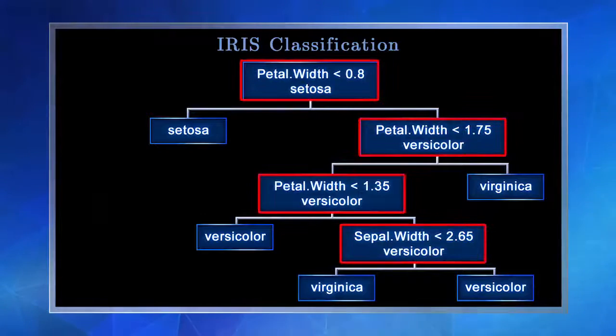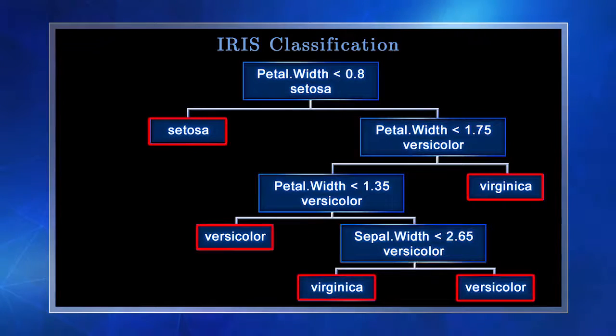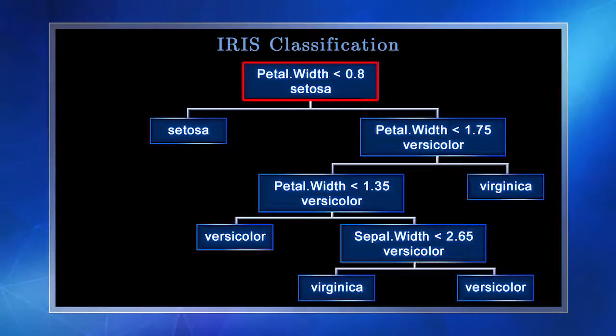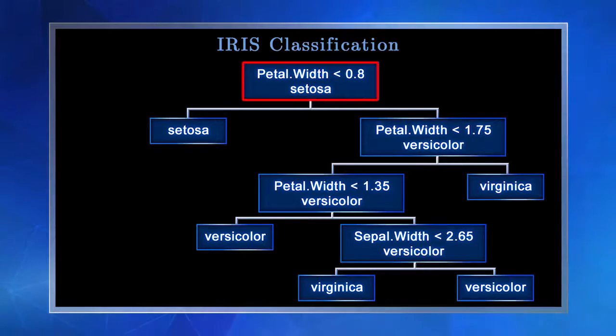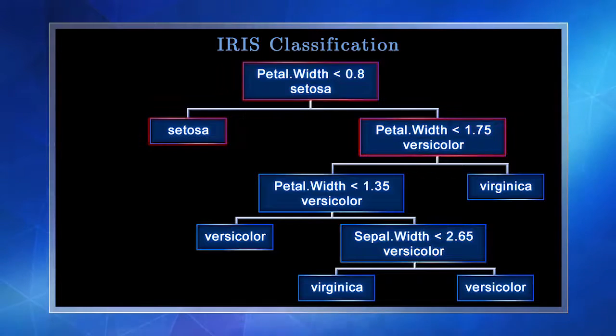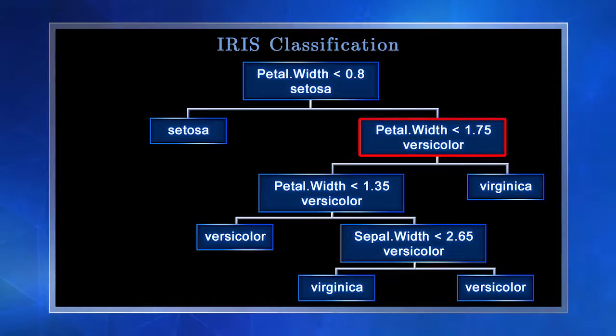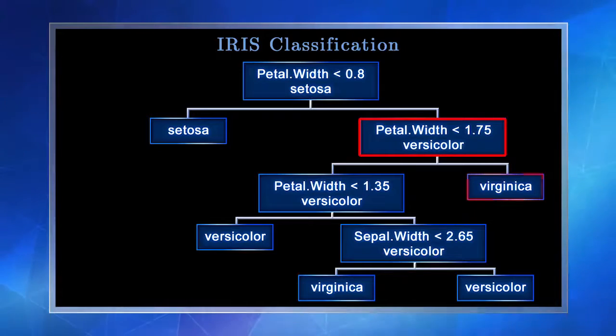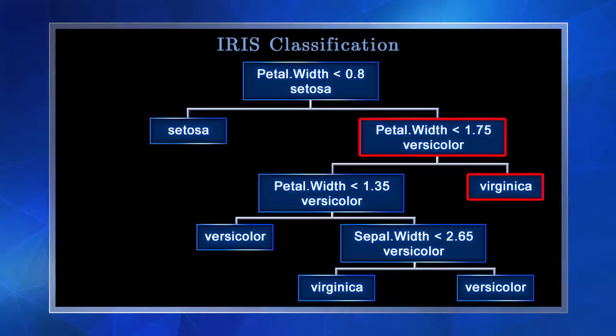All right, notice we've got a really nice tree here. It's got 4 splits and 5 nodes. So if petal.width is smaller than 0.8, we label that flower setosa. And if petal.width is greater than 1.75, we classify that flower as virginica. Now, it's the in-between values that we've got to fine-tune.